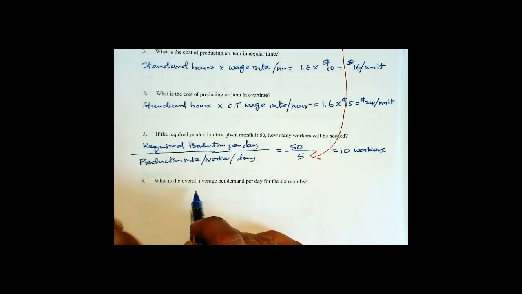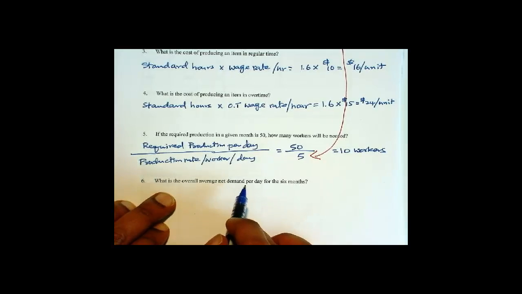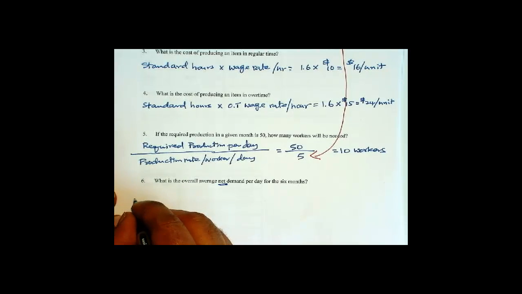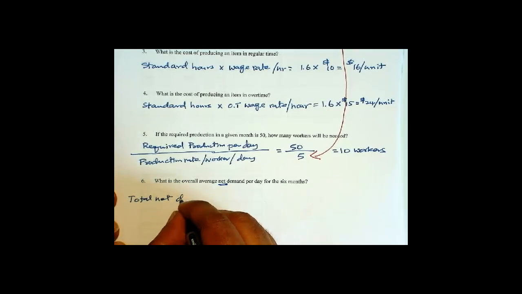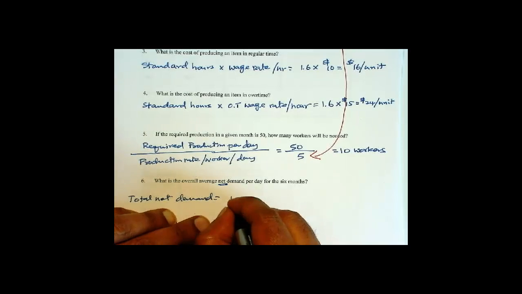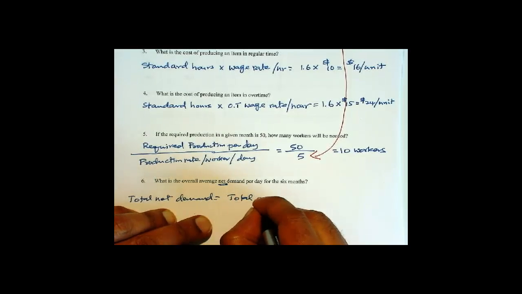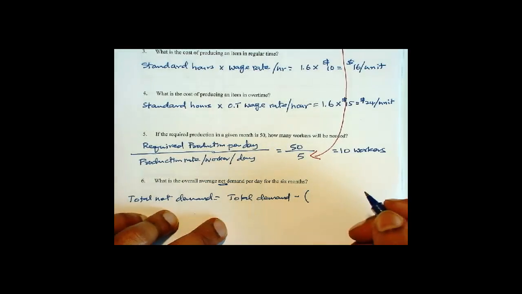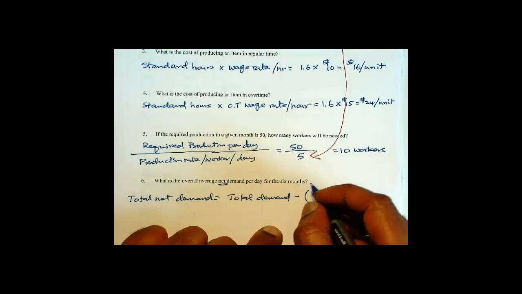So what is the overall average net demand? Here there is a particular meaning for this net demand. Net demand for 6 months. First we have to look at the total demand. But there is some current inventory available, so we can use some of that towards the total demand.